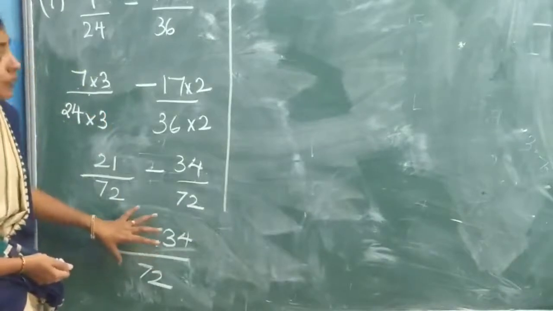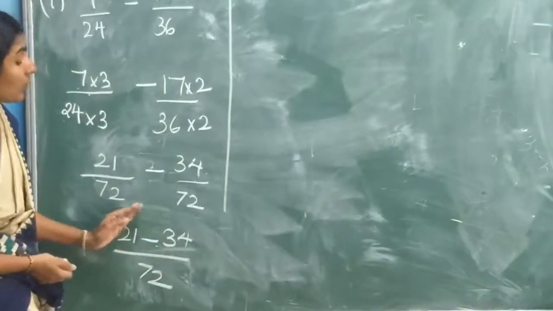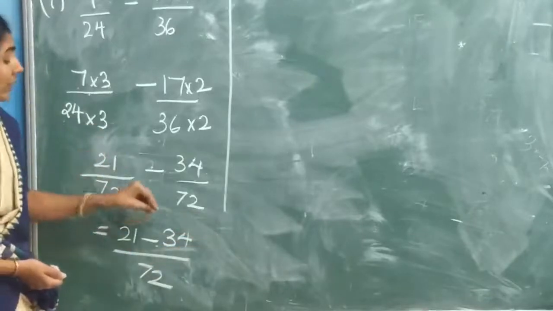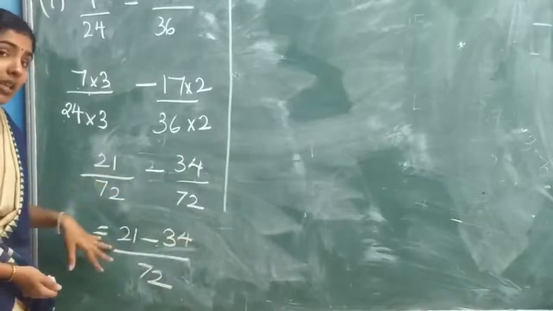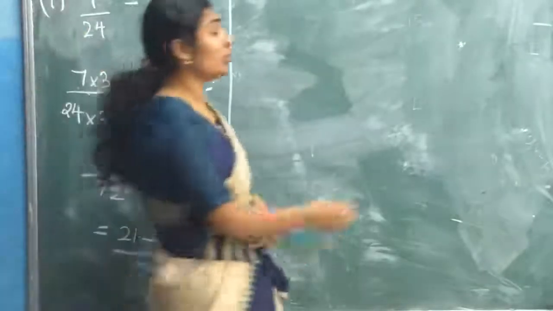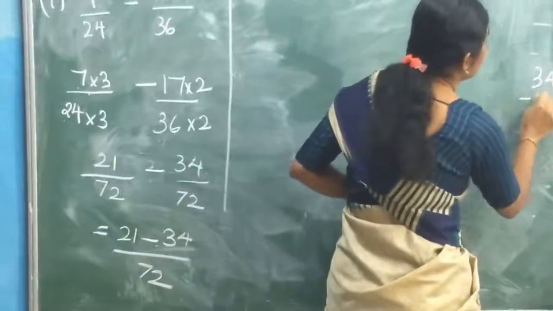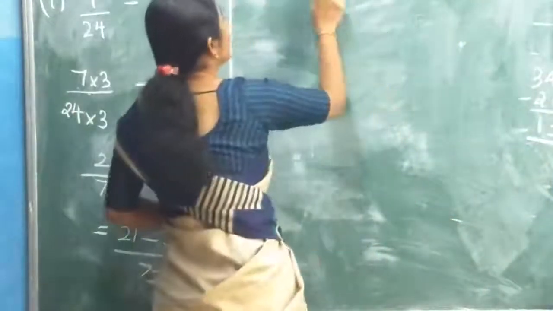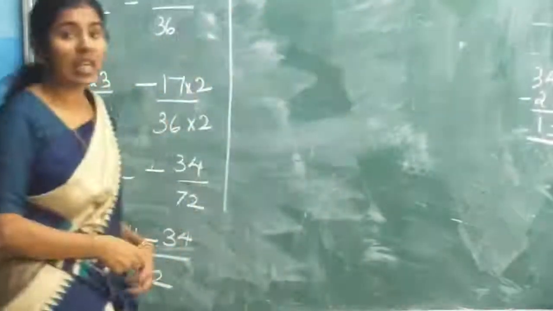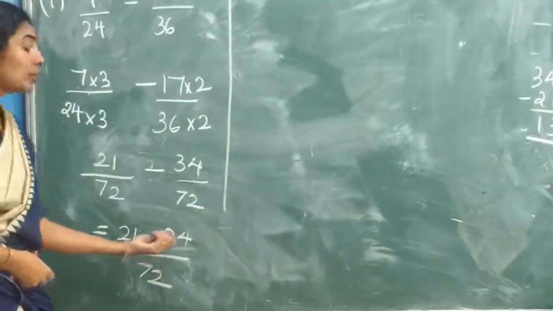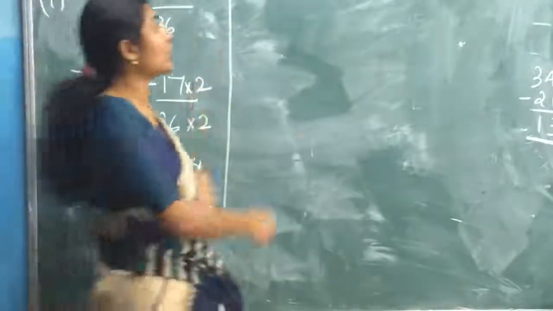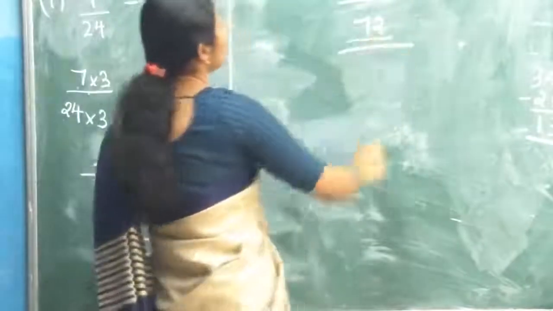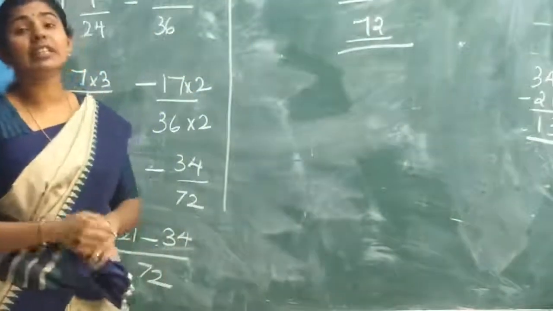If you are subtracting a larger number from a smaller number, without the sign, first subtract the numbers. 34 and 21, when you subtract, what will you get? 13. Write it on the numerator. And since you are subtracting from a smaller number, the answer should have a negative sign. So you will get the final answer minus 13 divided by 72.